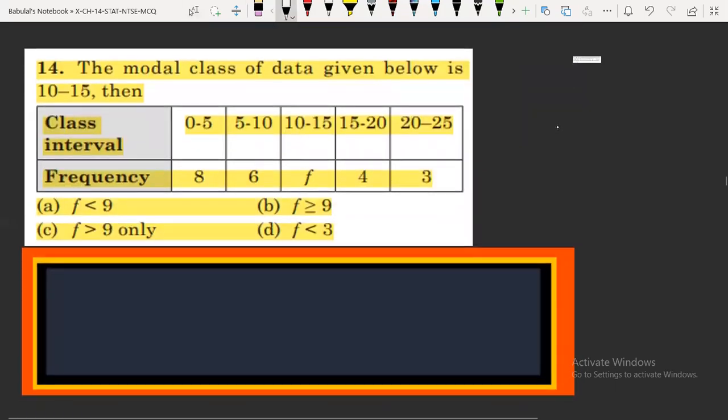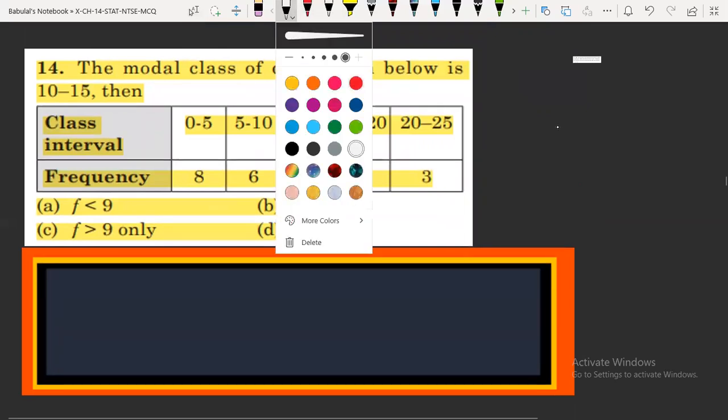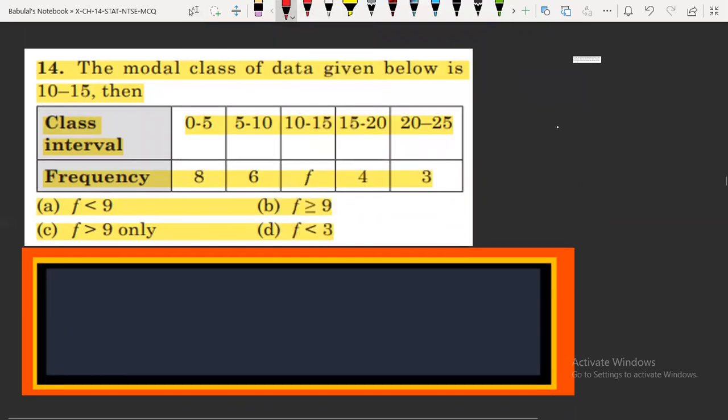Yes, see, this question says that the modal class of the data given below is 10 to 15. We already know that the modal class is 10 to 15. This means this class should have the highest frequency. And here the frequency of the first class, 0 to 5, is already given as 8. It means the value of f should not be less than 8.